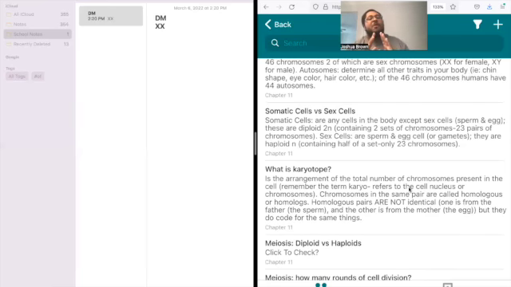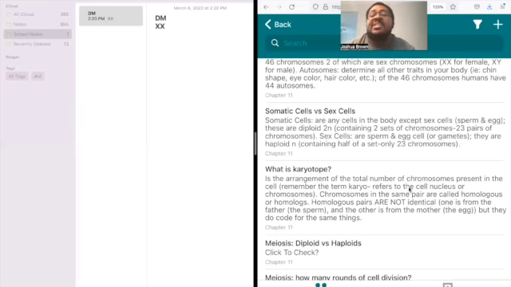They all look alike. They have the same length, the same features, but they're not the same stuff, because they come from two different people. They're not going to be identical, but they're going to have the same shape.